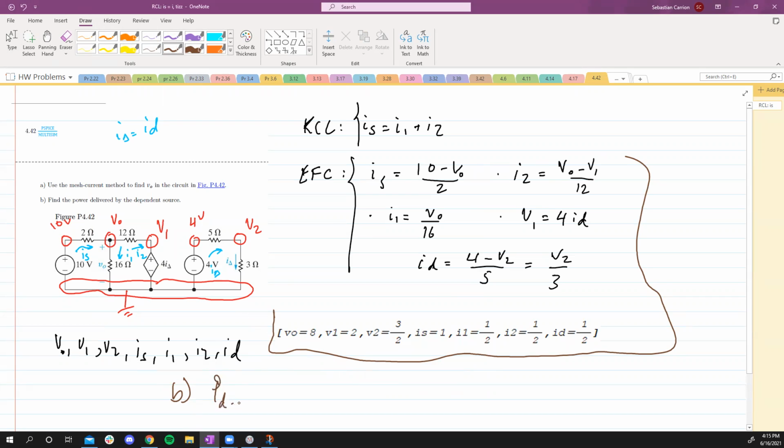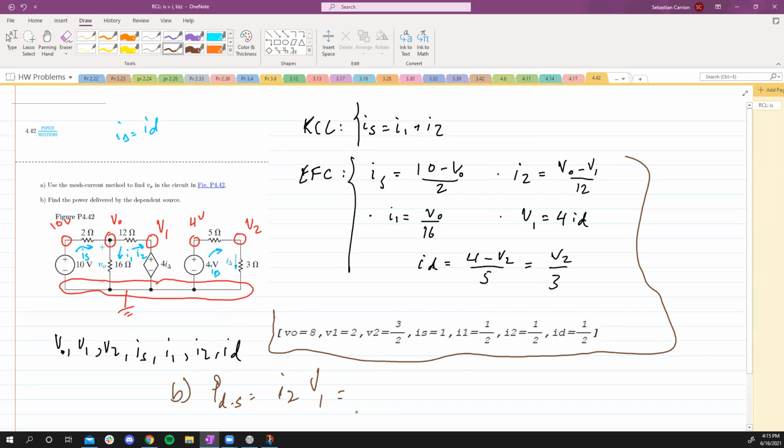So we know the current I2 and the voltage potential across is V1. We know that V1 is also equal to 4 times I delta. So 4 times 0.5 is 2.